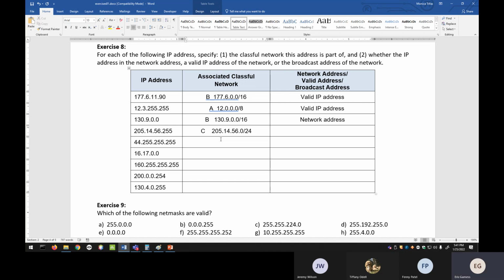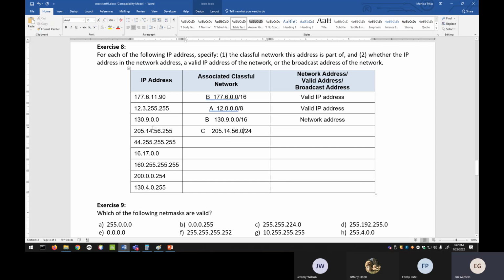What is the broadcast address of this network? Exactly. The first 3 bytes I cannot change, but the last byte, I'm free. So I'm going to change the last byte to 255. So it will be 205.14.56.255.